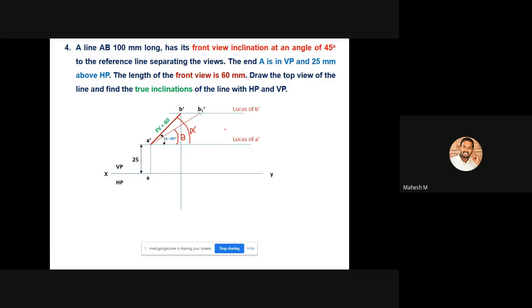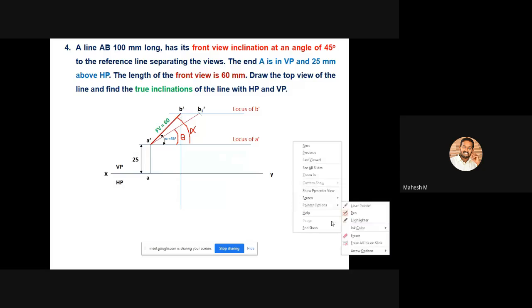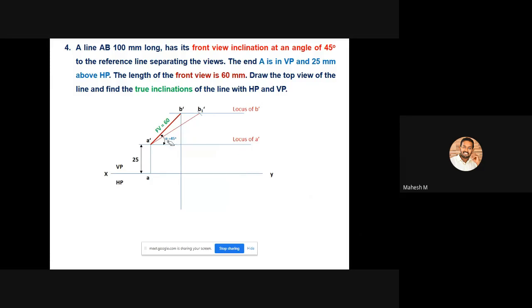Okay. So now we got this. The next thing we can do is create a vertical line from the point B dash, and also another vertical line from the point B1 dash. From B dash you can project down to the reference line.